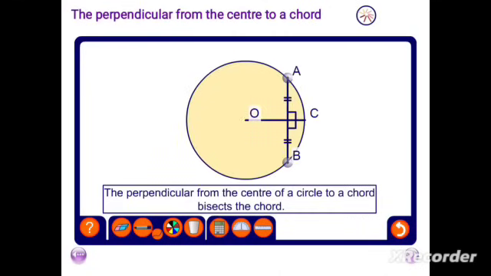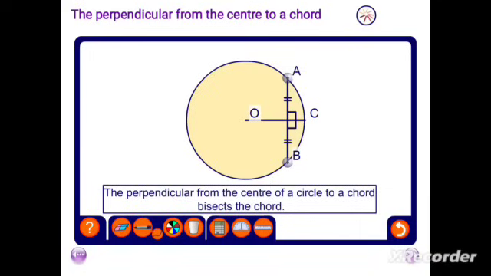So let's now look at the perpendicular from the center to a chord. The property here is that the perpendicular from the center of a circle to a chord bisects the chord.